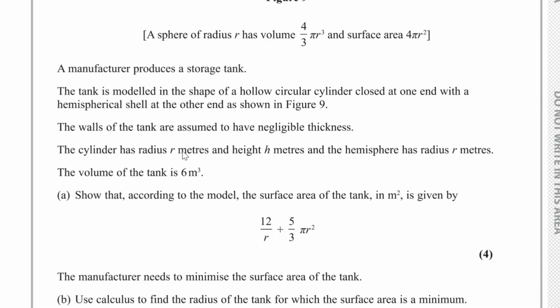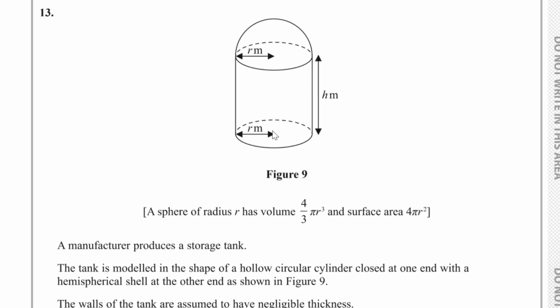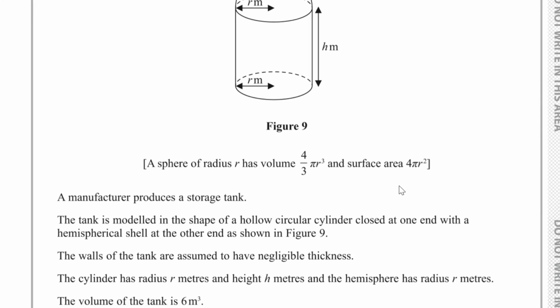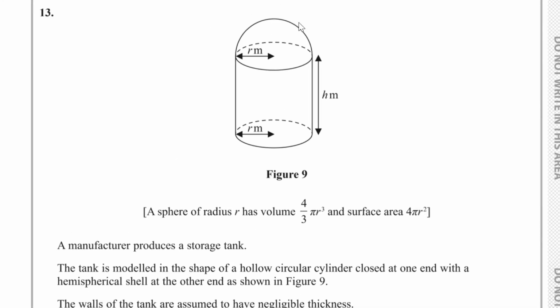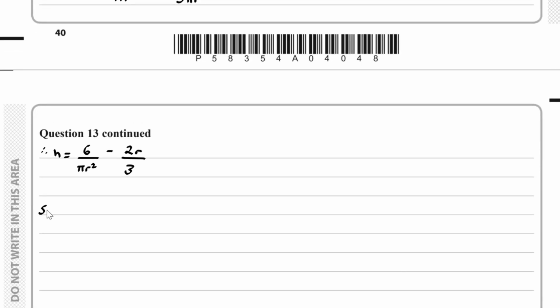Now the surface area of this tank is given by pi r squared, so that's the circle at the bottom, plus 2 pi r h, that's the outer edge of the cylinder, and then we have a half lots of 4 pi r squared, and that's the hemisphere at the top. So the surface area is pi r squared plus 2 pi r h plus 1/2 lots of 4 pi r squared.